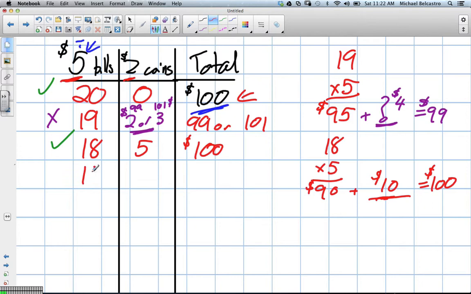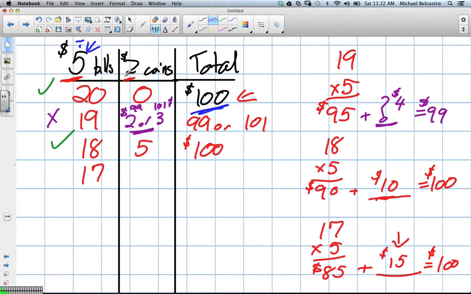So let's say we go down to 17. 17 5s. Do you know what that would be? 85. That's right. Can we use any specific number of $2 coins to get to 100? No. Why? How much money do we need? $15. And does 2 go evenly into $15?